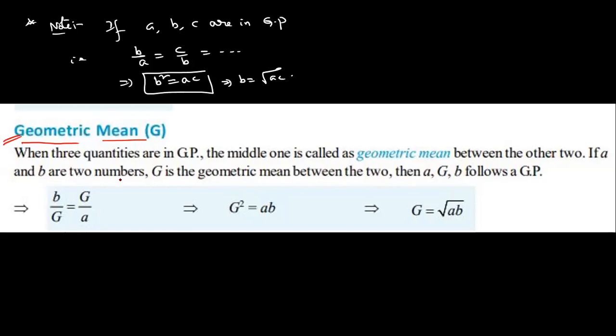If A and B are two numbers, then the geometric mean G between two numbers means A, G, B are in GP. That is the condition, so G square is equal to AB. What is the condition missing here? Both numbers should be positive. Otherwise, if one is negative and one is positive, it is not possible.